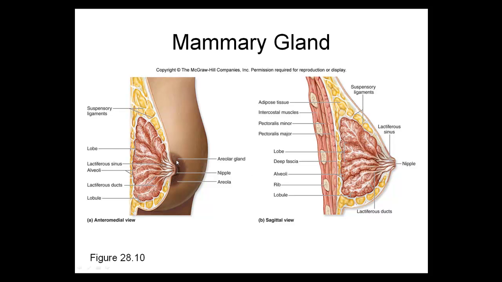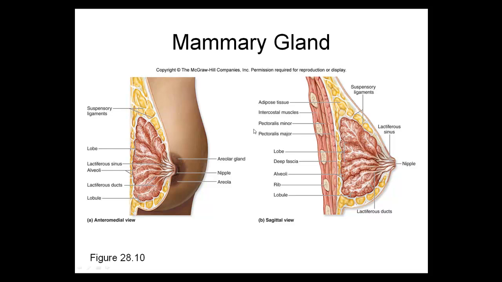They secrete an oily secretion, especially during nursing, because it keeps the nipple from cracking. It's like a nature-given cream or oil for the nipple to prevent cracking during nursing of a baby.